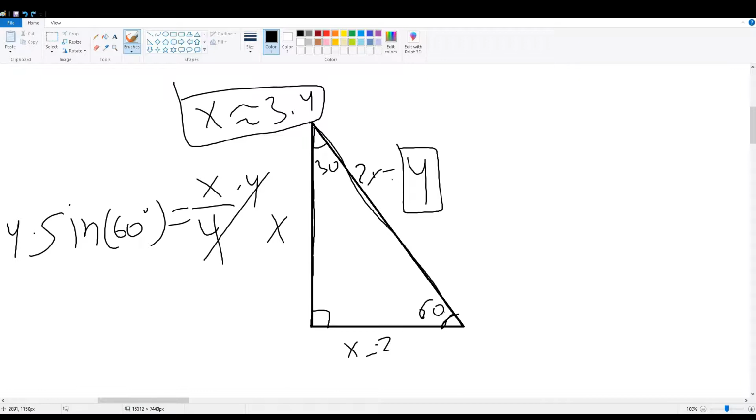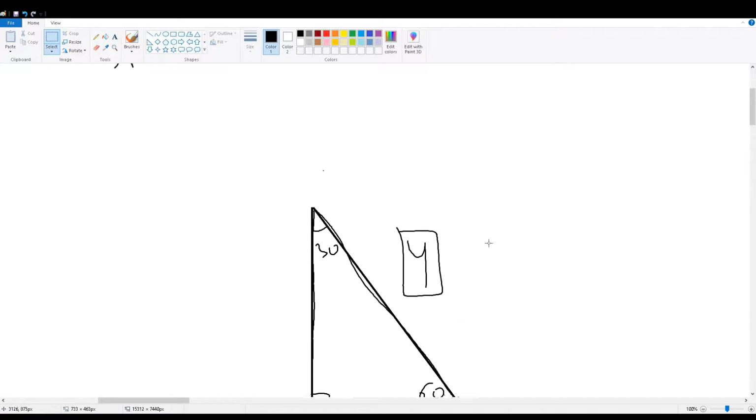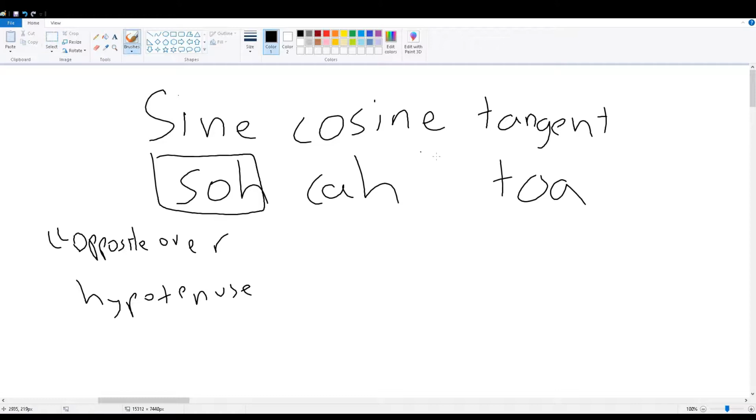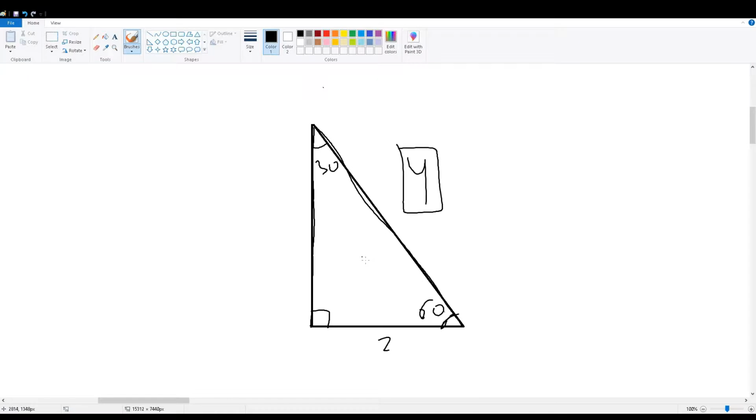So now I'm going to erase all that, and then lastly, let's delete the sine equation. Now we're going to use cosine. Cosine, as you might already be able to tell, is adjacent over hypotenuse. So that means the adjacent side divided by the hypotenuse.